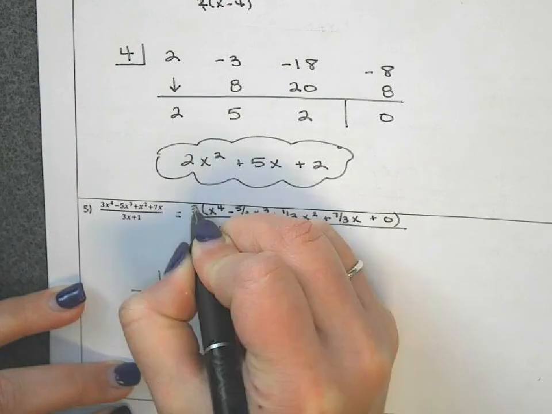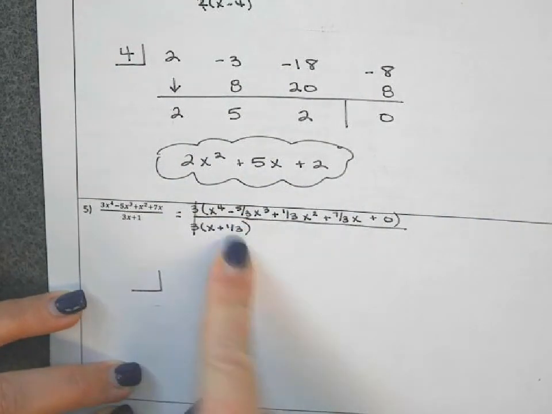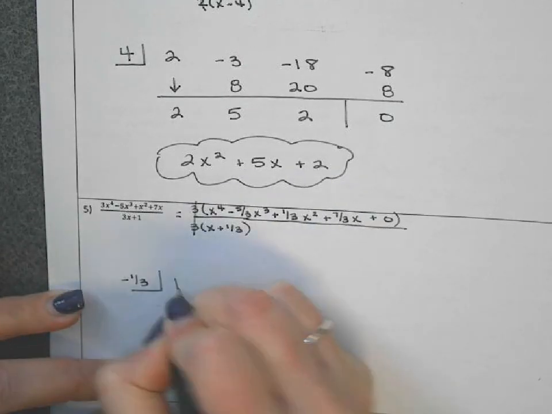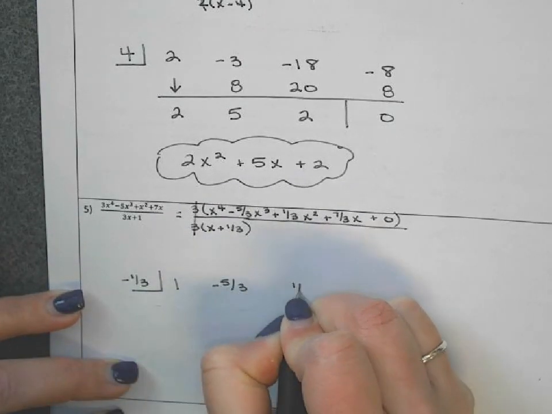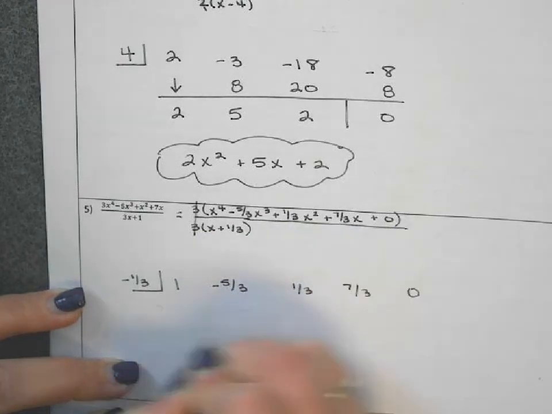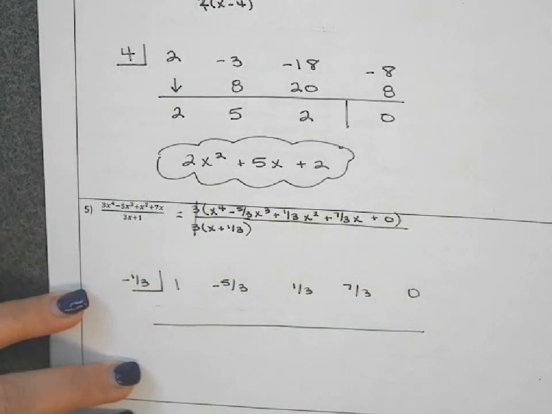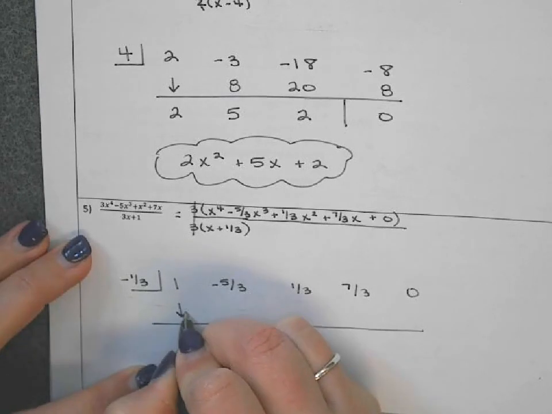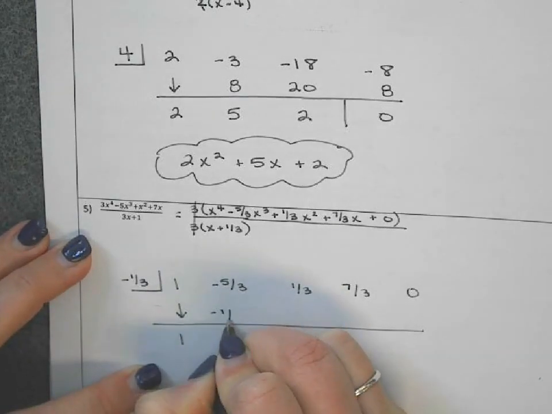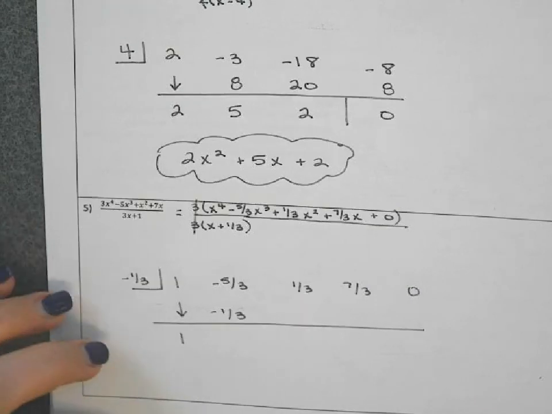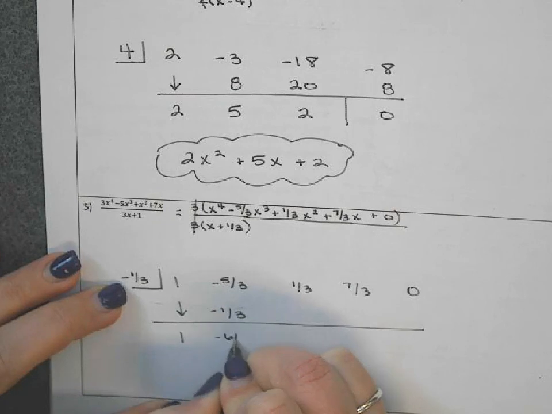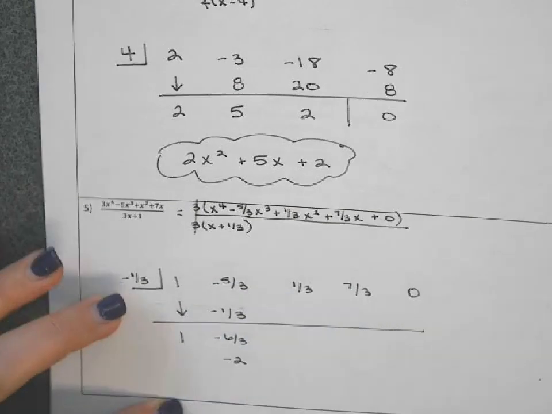In this box, because your 3's cancel, you'll have a -1/3. Across on our coefficients, we have a 1, a -5/3, a +1/3, a 7/3, and then a 0. You have to remember your 0 there. When you bring this down, this is a 1. When you multiply, it's still going to be -1/3. -5/3 and -1/3, now we're adding fractions together, which is -6/3, which is actually -2.